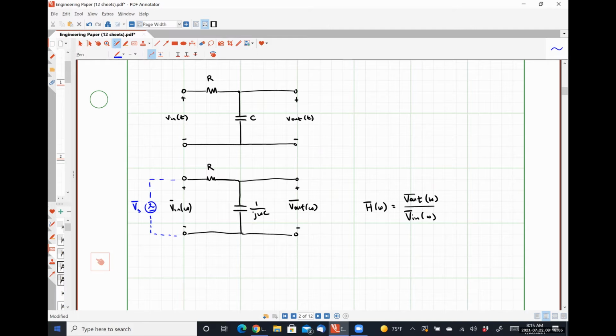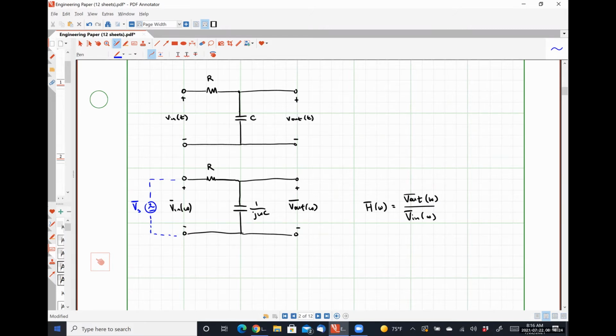So at very low frequencies, what does the capacitor look like? An open circuit, exactly right. And so for very low frequencies, we should see that Vout is exactly equal to Vin because effectively no current's flowing anywhere, and the input signal gets completely passed to the output. But at very high frequencies, what does the capacitor look like?